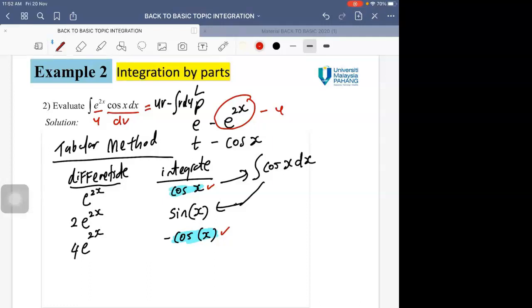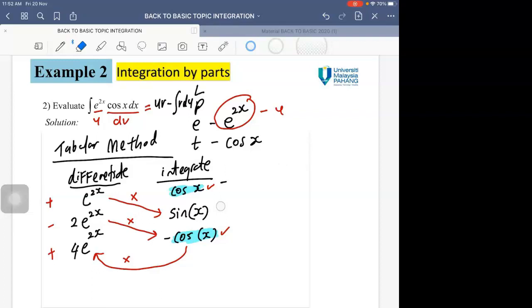We stop here, and then we put plus, minus, plus. This term we multiply with this term, this term with this, and this term we multiply back here. So what do we get? Let me write here the result. Integrate exponent 2x cos x dx.